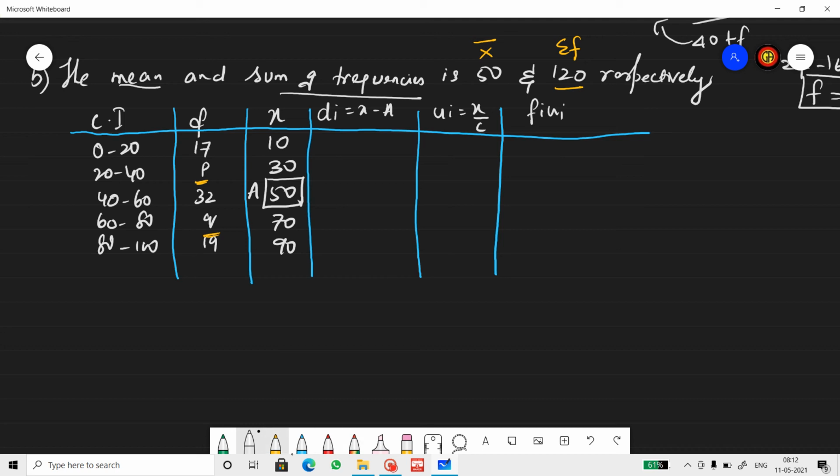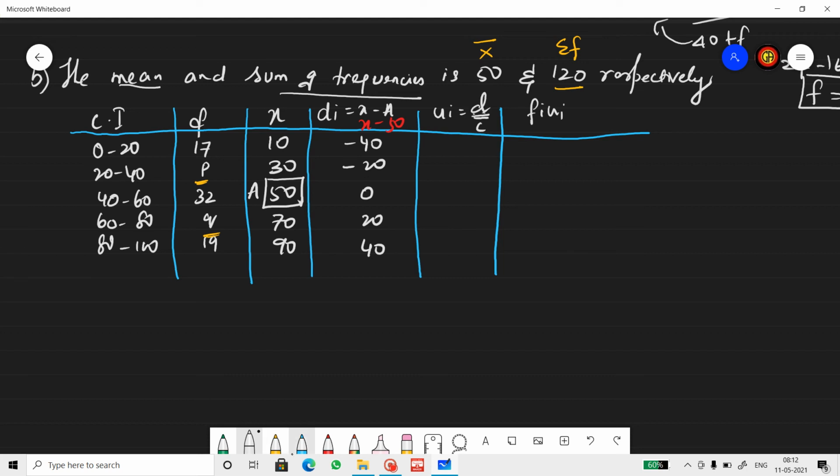So now di becomes x minus 50. So you get 10 minus 50, minus 40; 30 minus 50, minus 20; and 50 minus 50, 0; 20 and then 40.